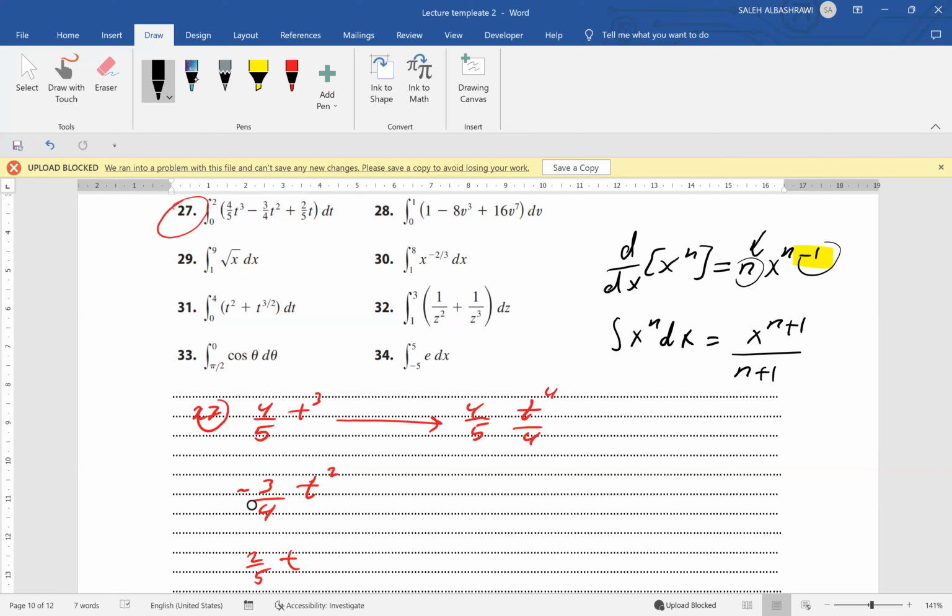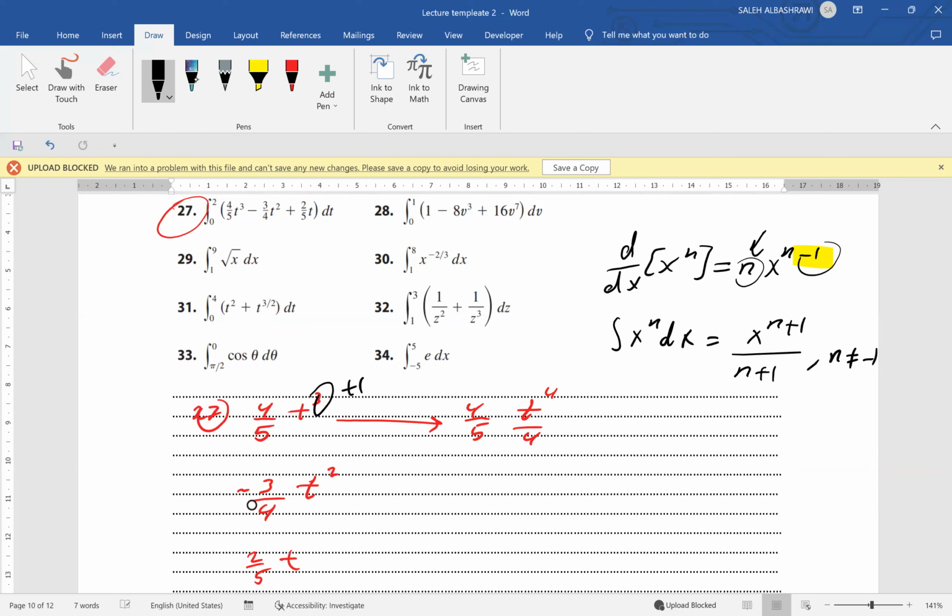Again, in the differentiation, we are subtracting 1 and multiplying by the power n. In the integration, we add 1 to the power and we divide by the power. But for this one, provided that the power is not equal to minus 1. If it is equal to minus 1, this will be a special case and will be discussed later on. So we add 1 to the power.